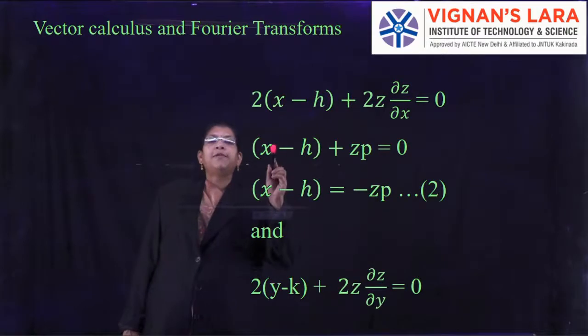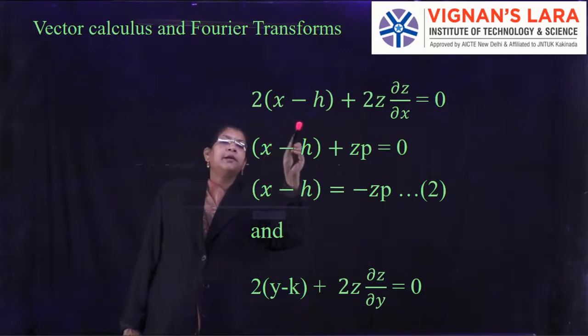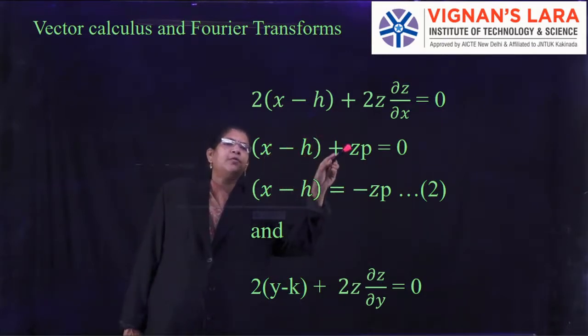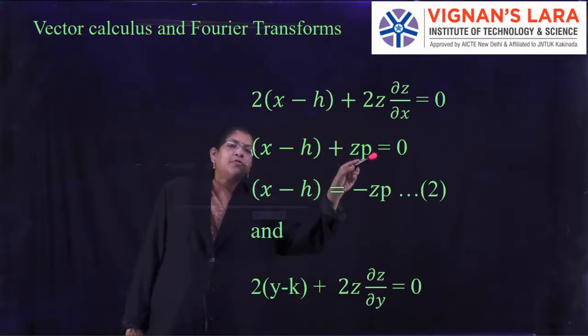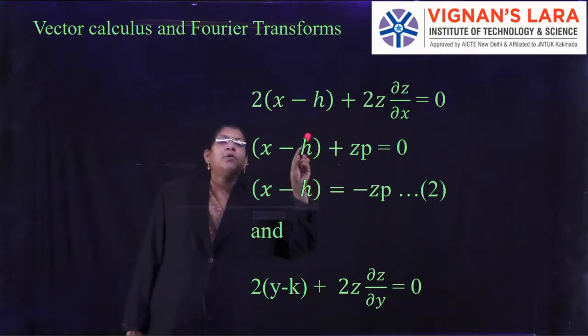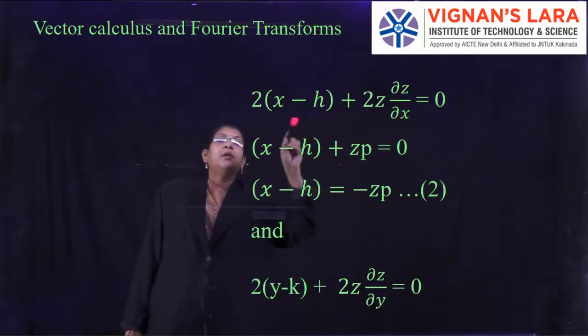So, if we differentiate equation 1 partially with respect to x, we got 2(x − h) + 2z ∂z/∂x equal to 0. How will you denote ∂z/∂x? ∂z/∂x is denoted by p. In both the terms 2 is common.